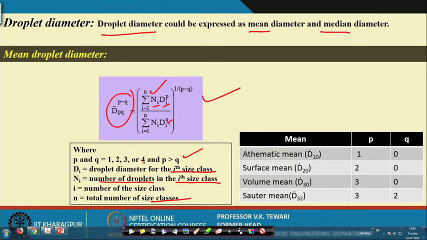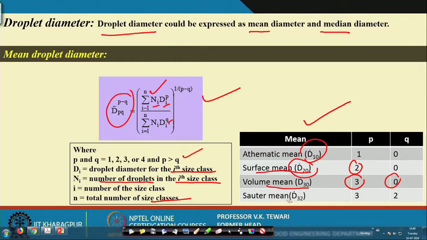Okay. Now, just have a look at this table. The arithmetic mean is represented by D10, where P is 1, Q is 0. Similarly, surface mean diameter D20, where P is 2, Q is 0. When you talk of volume mean diameter D30, P is 3, Q is 0.